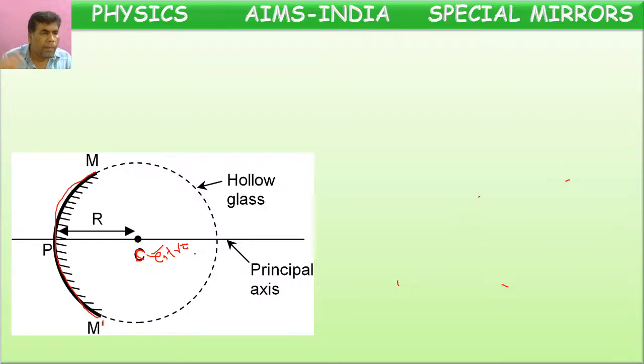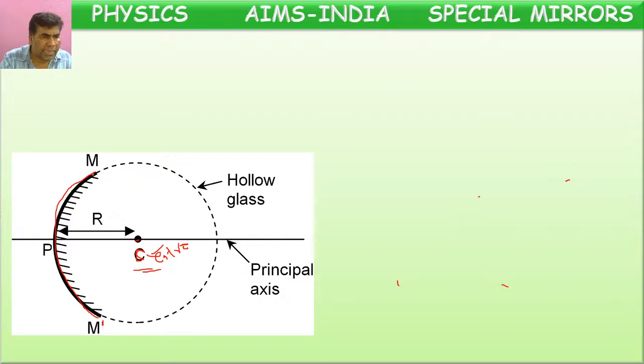If we assume the complete sphere, that center point will be called the center of curvature, whose symbol is C.